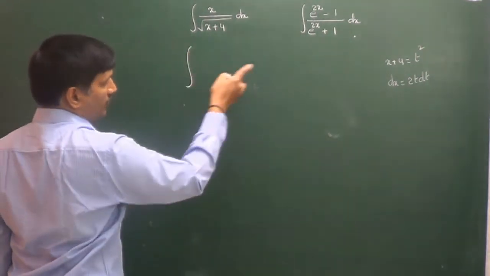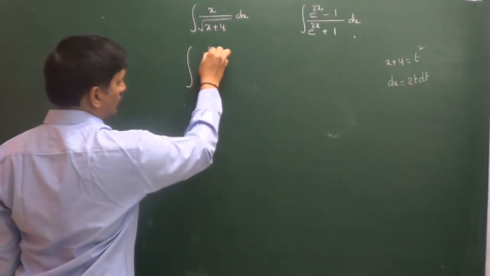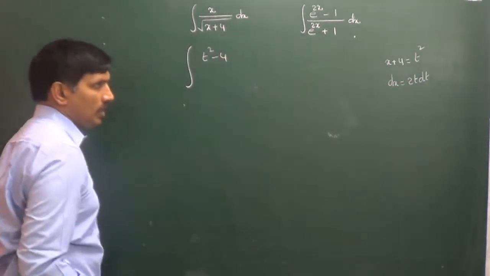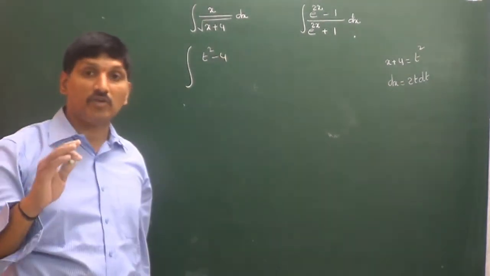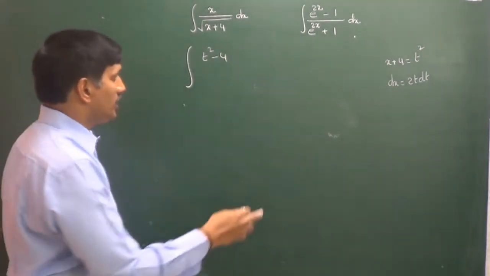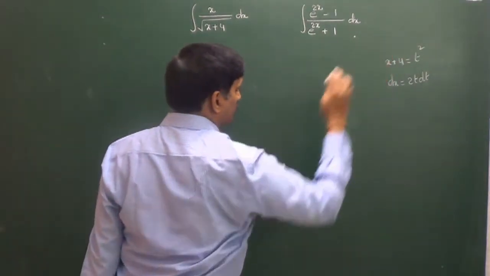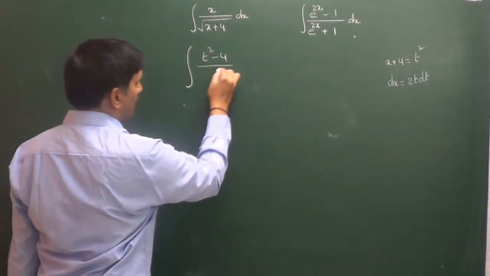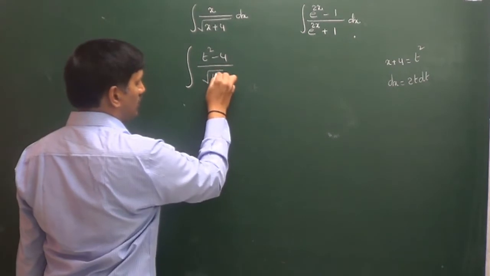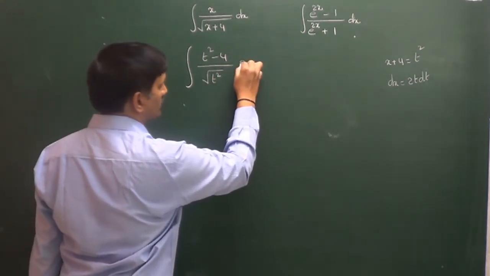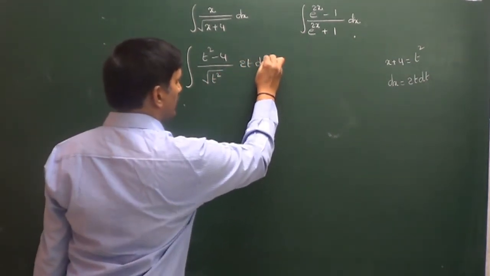In place of x we write t square minus 4. As I told, the complete integral we have to change in terms of t. In place of x we write t square minus 4, divided by root of t square. In place of dx we write 2t dt.